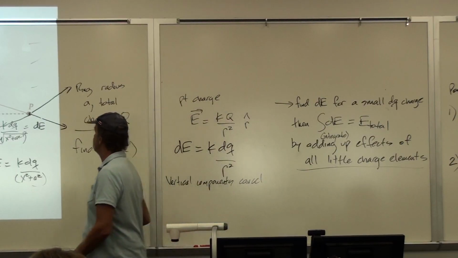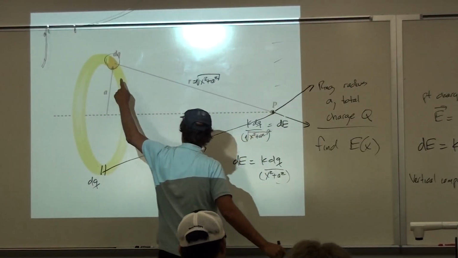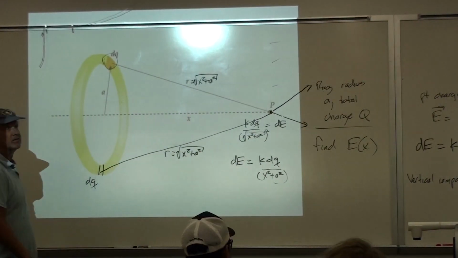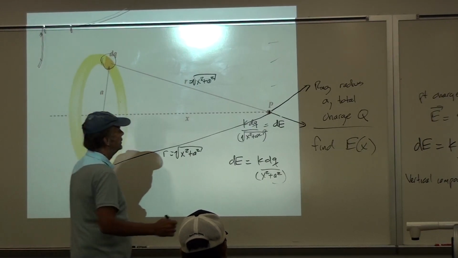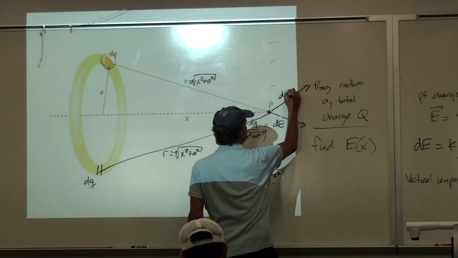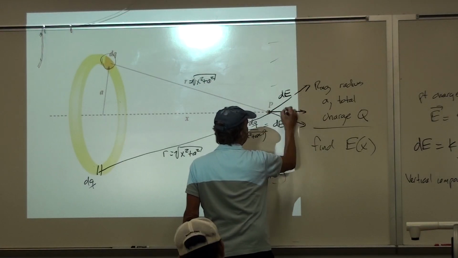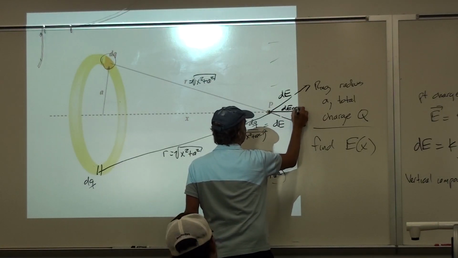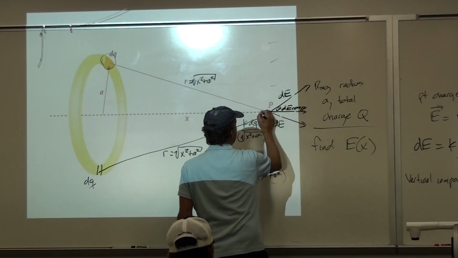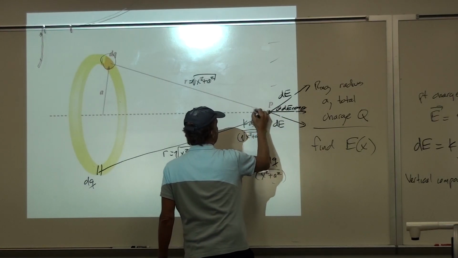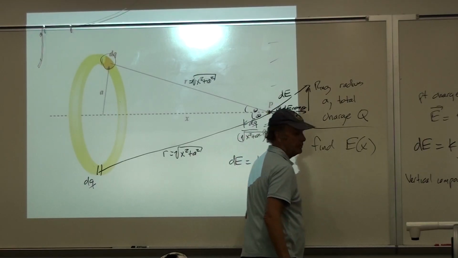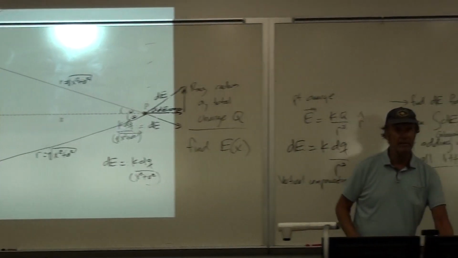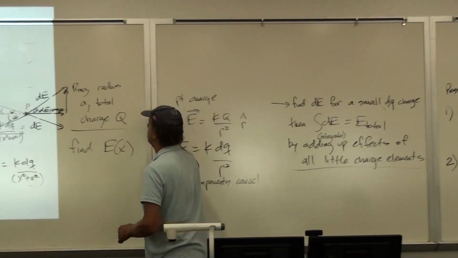How do I know that? Well, because I can choose any pair of points, and I'm going to get the same geometry as I'm getting here for these two. And so here, if this is dE and that's dE, then this is going to be dE cosine theta. That's theta, and that's theta, and that's theta. And this component is going to be dE sine theta.